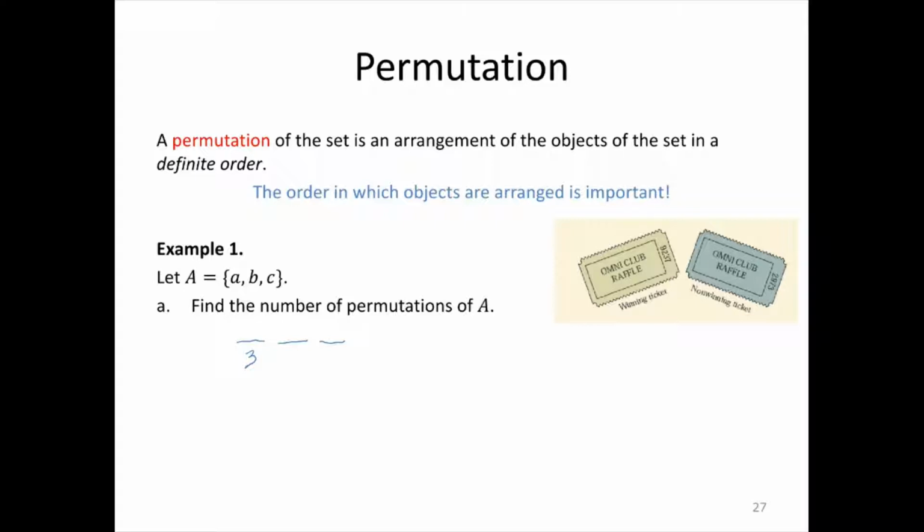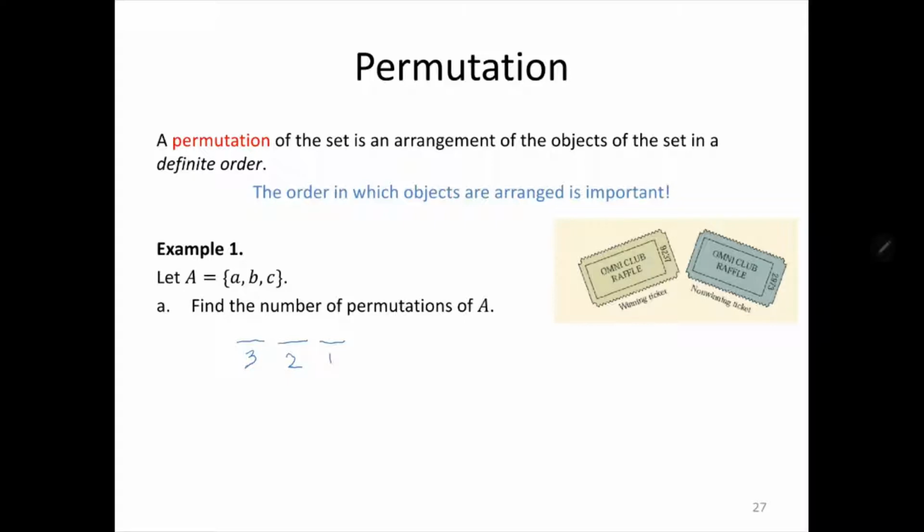Because we already used one of A, B, or C, there are only two objects remaining, so we have two possibilities for the second blank spot. Then, because we have already used two elements, we are left with only one element.